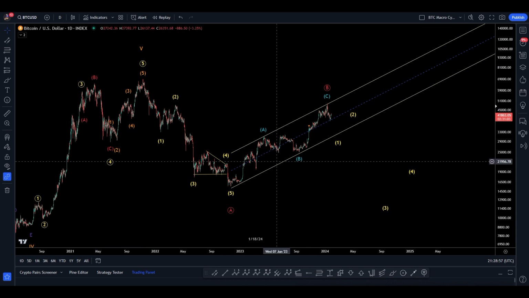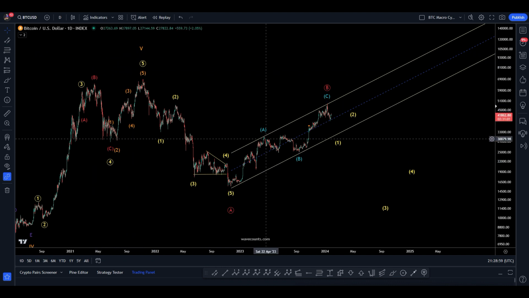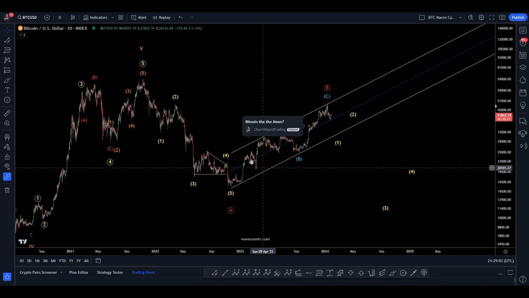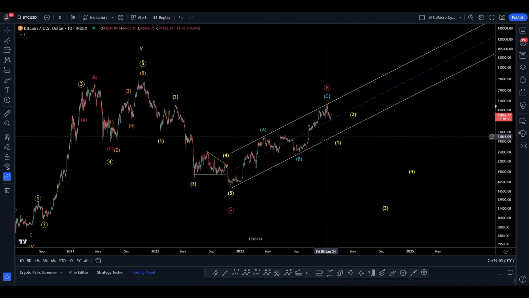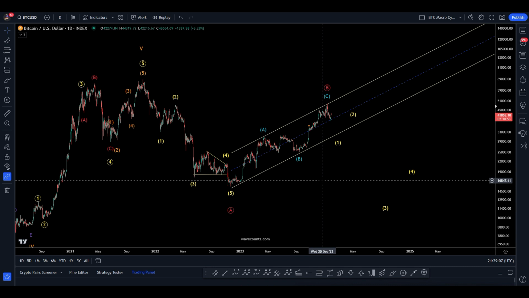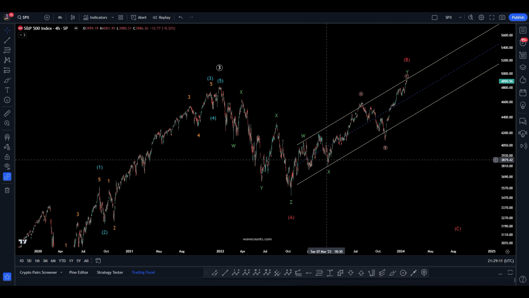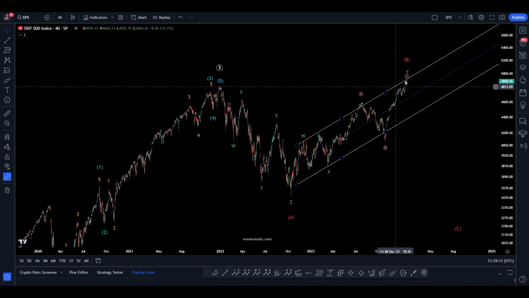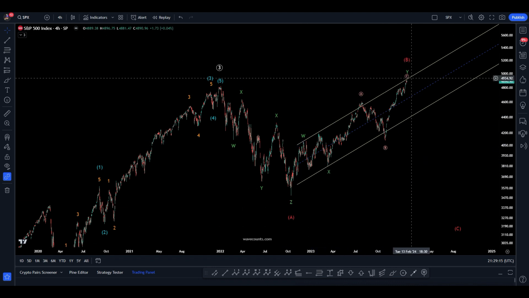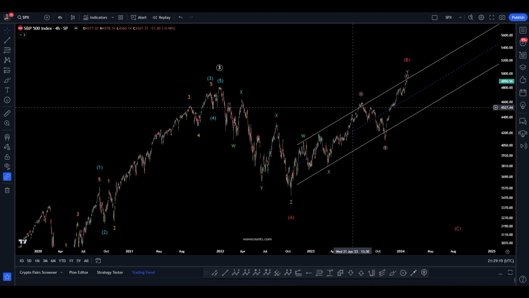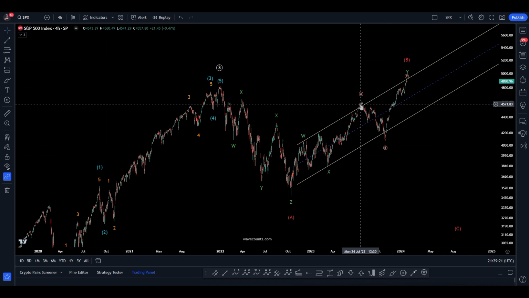Yet another asset that moved off of its low is fully contained within a parallel channel. You can look at the S&P 500, double zigzag structure, fully contained within parallel lines. Little throw over here, right back into the channel.